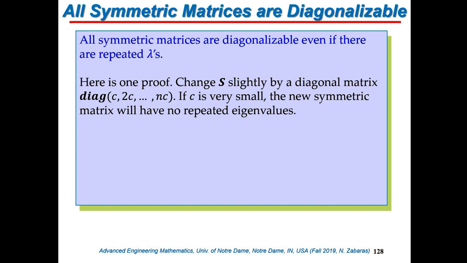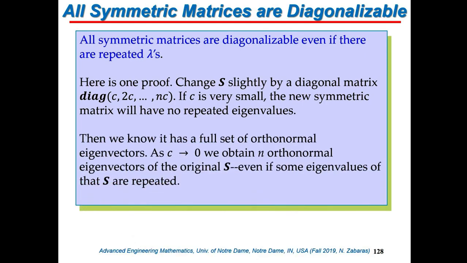Even if C is extremely small, the eigenvalues are being separated, which means you can find a complete set of orthonormal eigenvectors. Once you do that, you can take the limit of C going to 0, and you obtain n orthonormal eigenvectors that correspond to the original matrix. So you can do this even if the original eigenvalues were repeated.